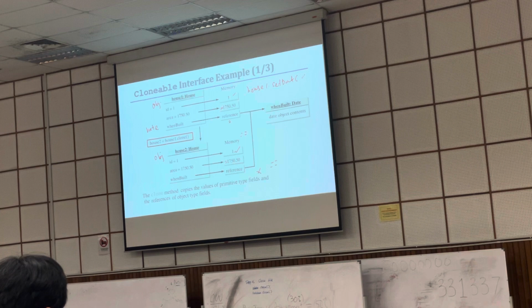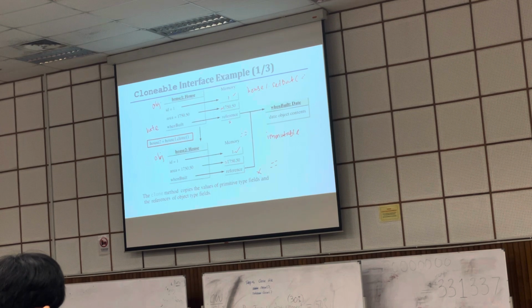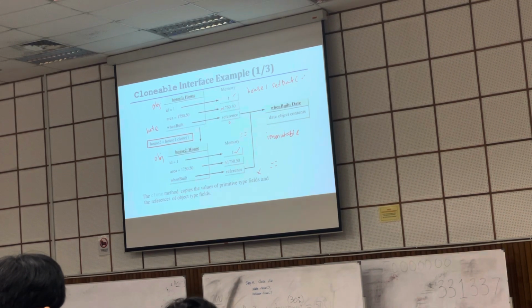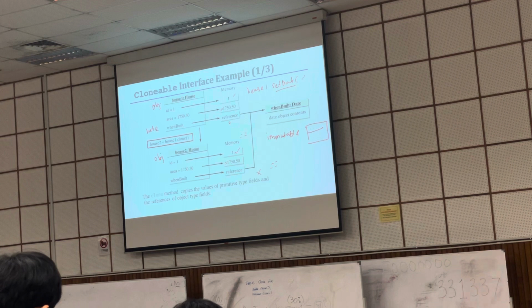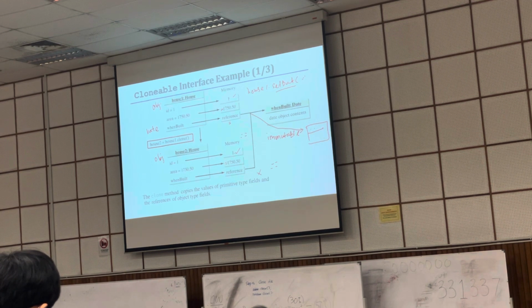Because date is a reference type, and you already learned date is immutable, right? Immutable. So once it is created, you cannot actually change the value. Instead, when you go and set a new date, a new reference will be created and this one will point to this new one. But this one is still pointing to this one because I didn't change the date for this, correct? Because I just changed house 1.